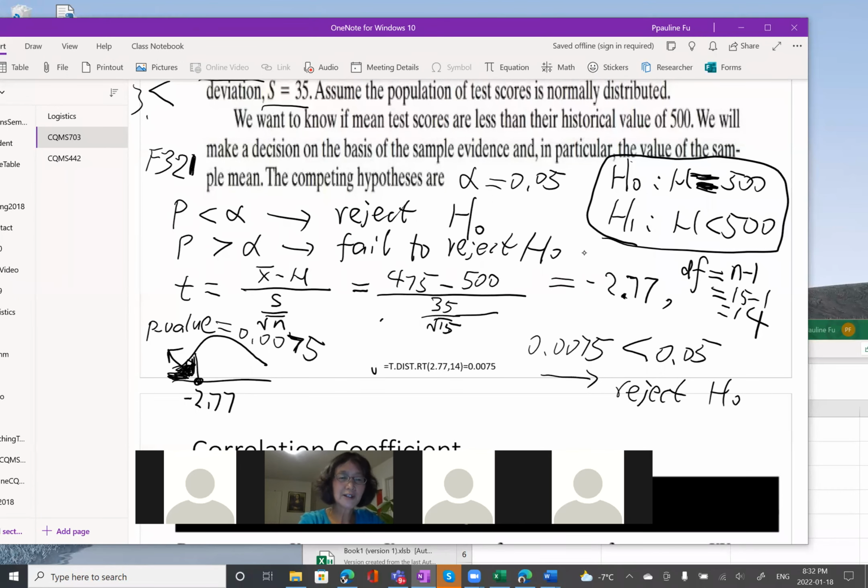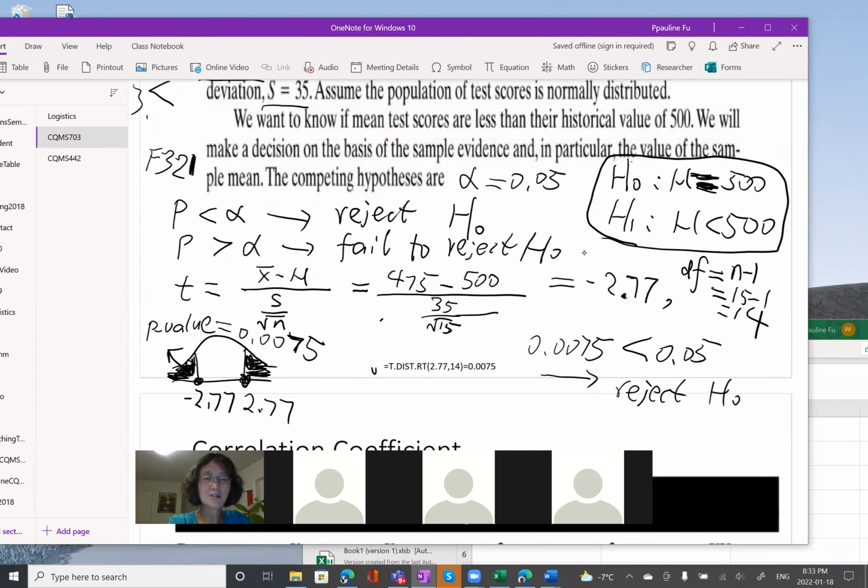I want to find this area because of the symmetry. Do you agree this area is the same as this area? If you have negative 2.77, you must also have positive 2.77 because of the symmetry of the bell-shaped curve. When you have the positive 2.77, the right tail area equals the left tail area.